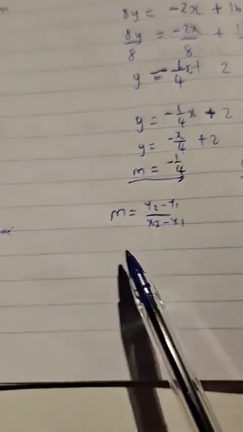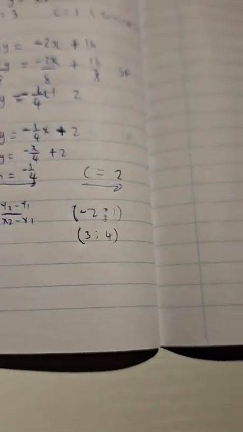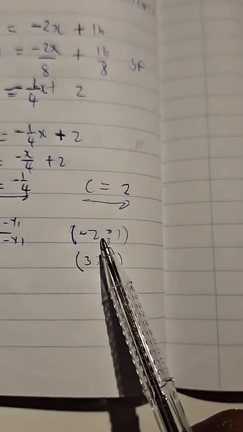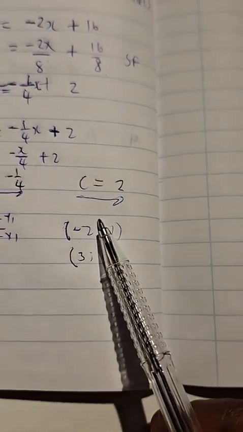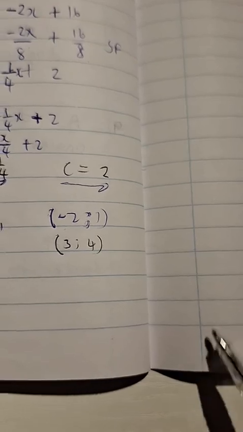All right. So if we look at these 2 points, what we do is we are going to write down the minus 2 and 1, my grade 9s, and then we are also going to write down the other point, 3 and 4. Then you need to figure out in your mind which one you want to be your first pair of coordinates and which one you would like to be your second pair of coordinates.